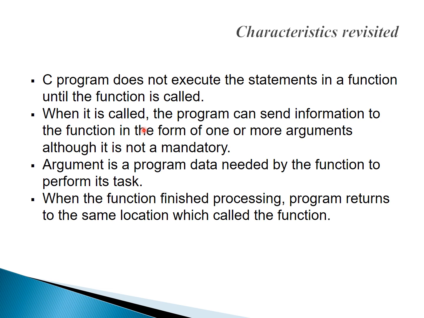When it is called, the program can send information to the function in the form of one or more arguments, although it is not mandatory. We demonstrated argument passing in functions like sum, average, or square. An argument is the program data needed by the function to perform its task. Like in the square function, x was the argument.